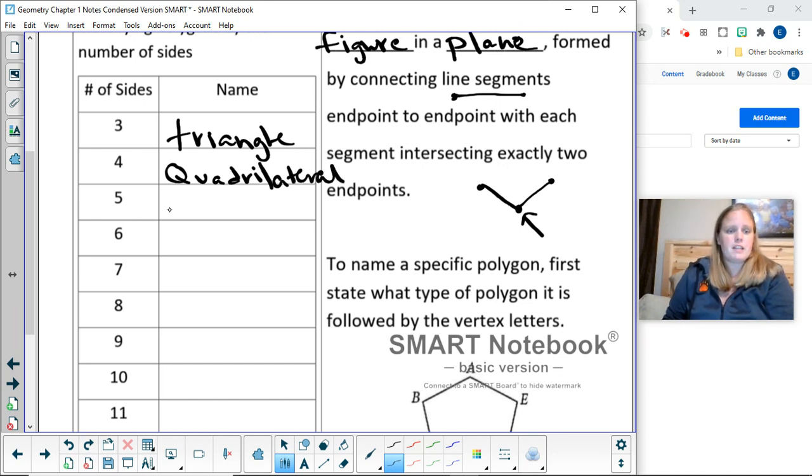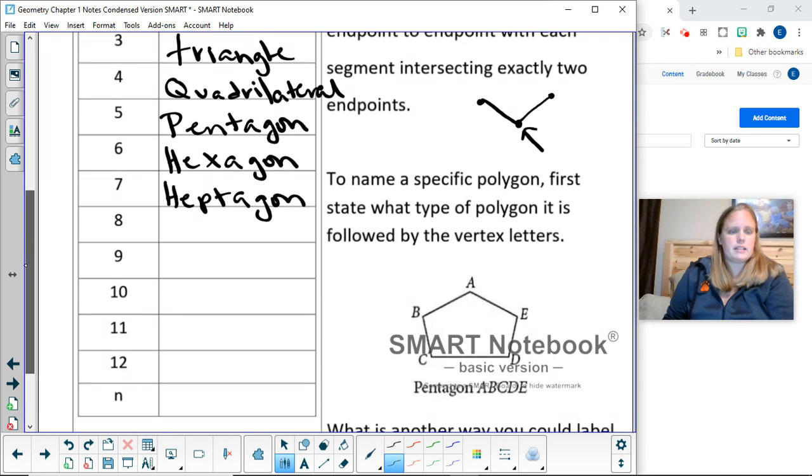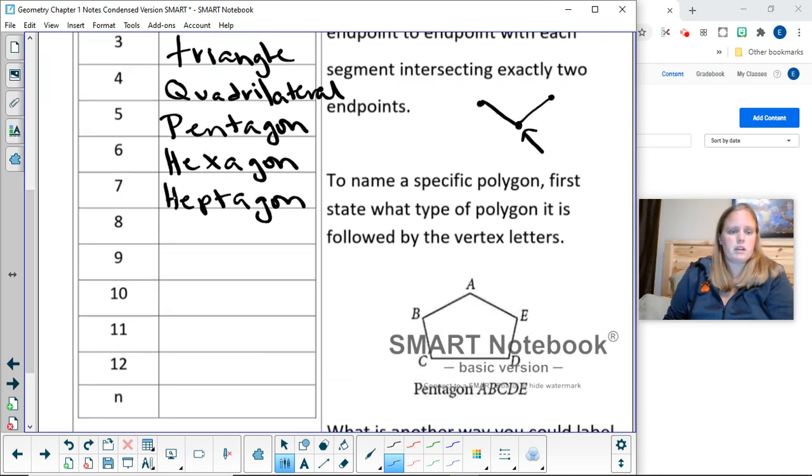All right, five sides is called a pentagon. Six sides is a hexagon. And seven sides is another one that a lot of people get mixed up on. This is a heptagon. All right, now I bet eight sides is one that you are familiar with because octopuses have 8 legs.